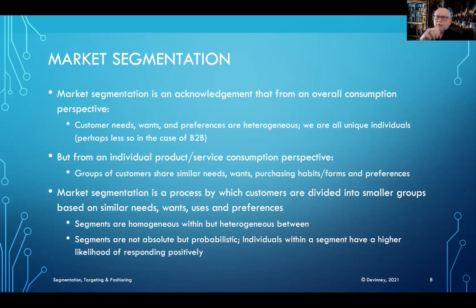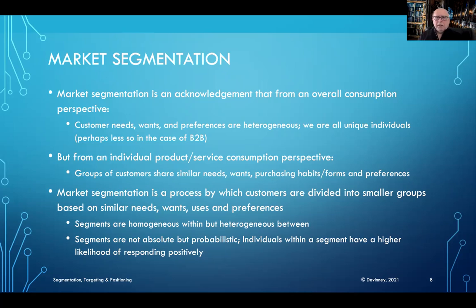Or it could be that there are several segments in my country, and the big problem I've got is none of them are economically viable. But if I look in another country, exactly those same segments exist, and they also may not be economically viable in that country. But if I pull the two together and sell to those segments across countries, the combined size of those segments is economically valuable. So there are all sorts of mixing and matching ways you can think about this.